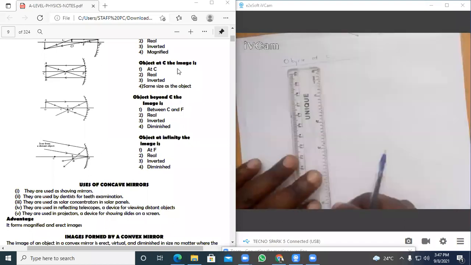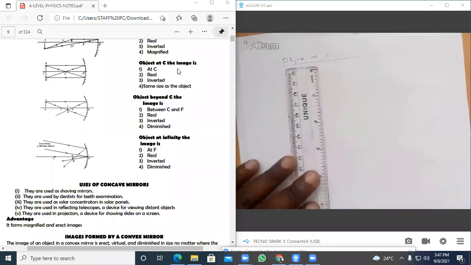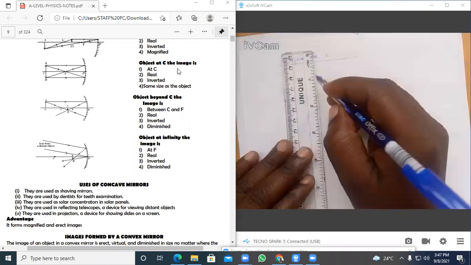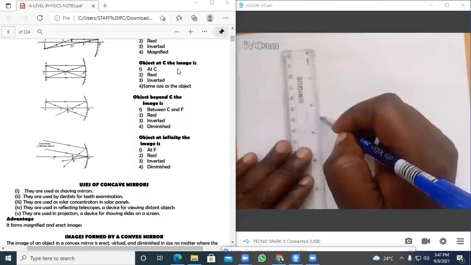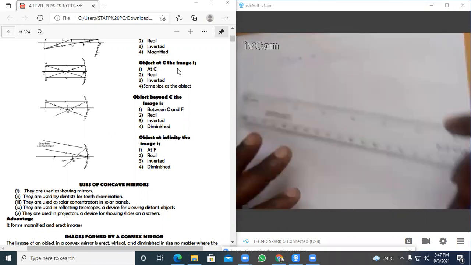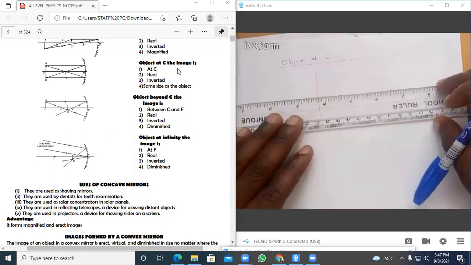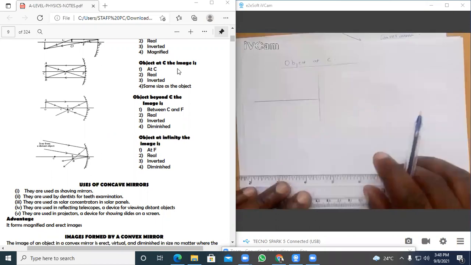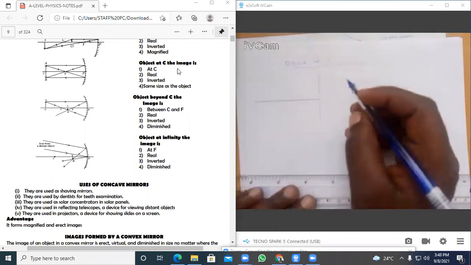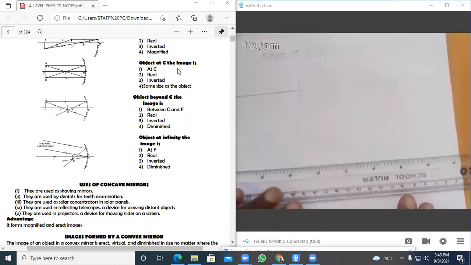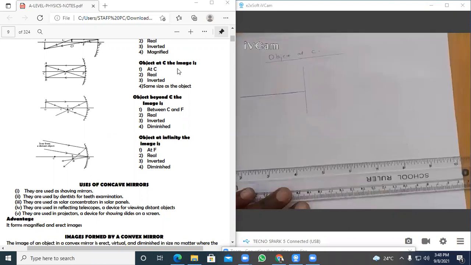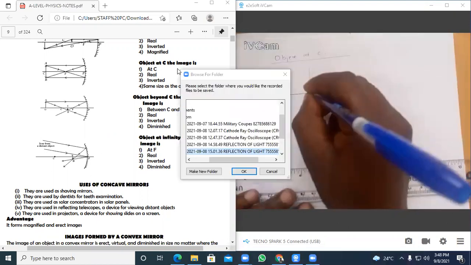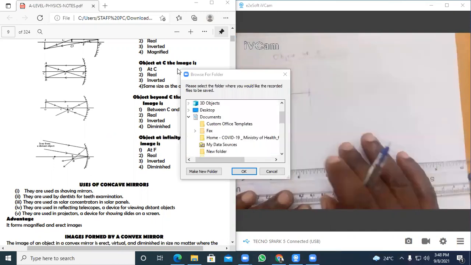Okay. Object at C. So object at C, we shall have this, and we shall have our principal axis there. Then afterwards, we shall have our mirror.